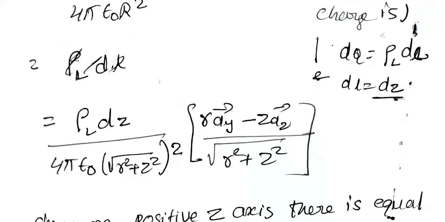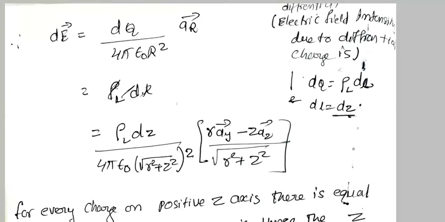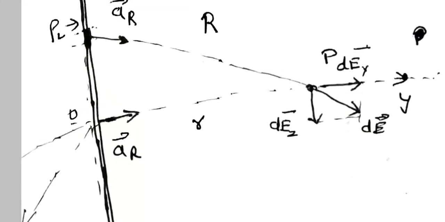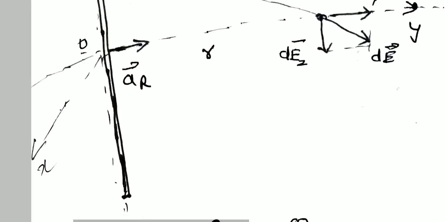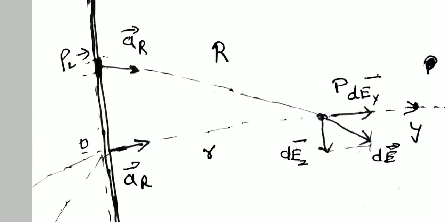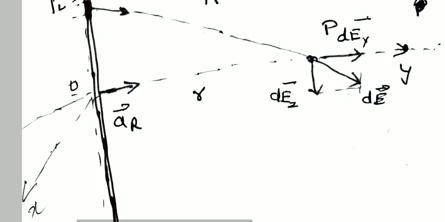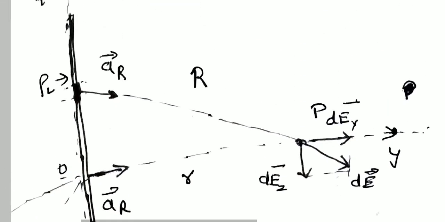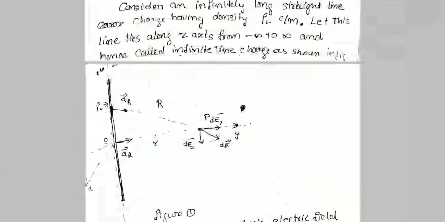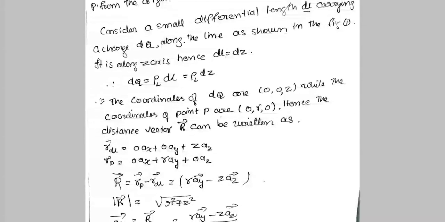As per the author, the z component will become 0 because for some point in the positive z direction there is another point in the negative z direction, so they cancel each other.